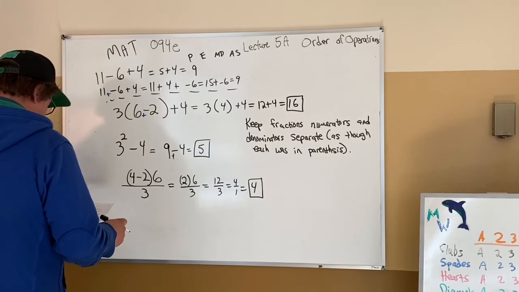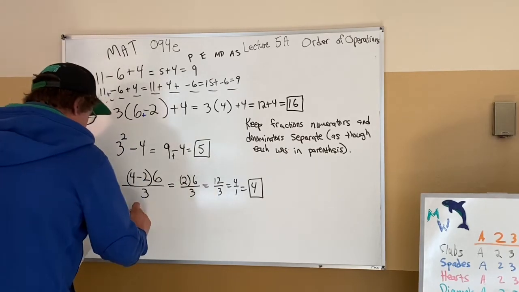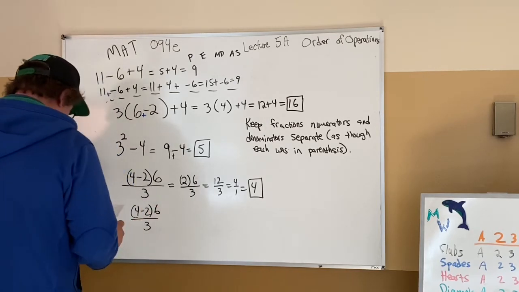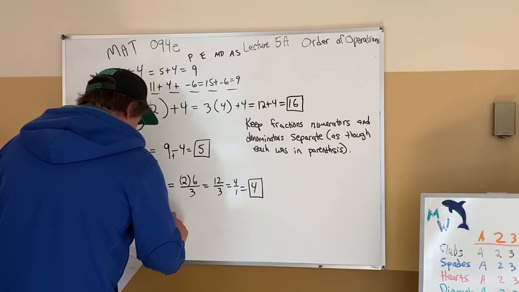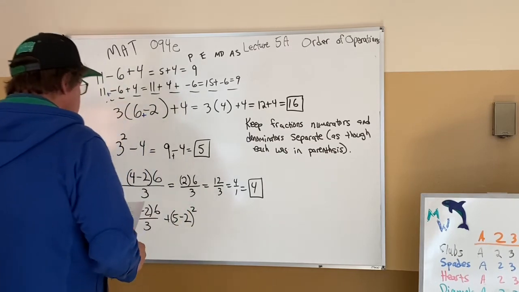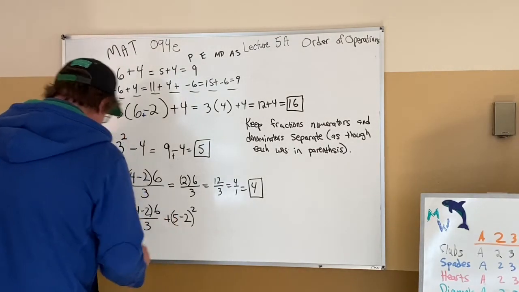Okay, let's see. Now I want to take that one and make it a little bit more expansive, so we know what's coming on this. That's in parentheses, and then this. This has everything.